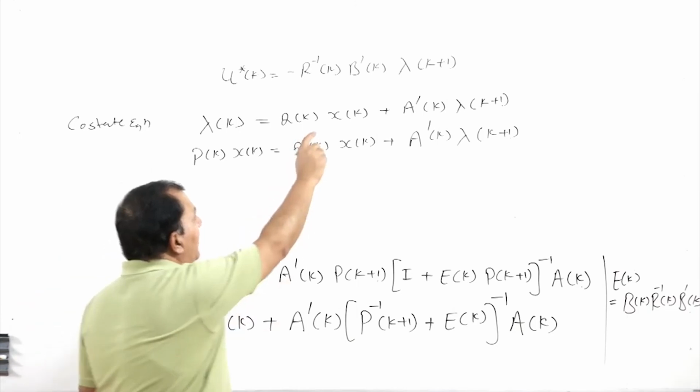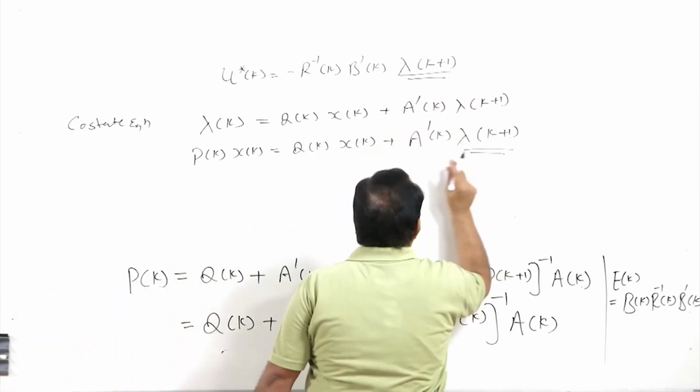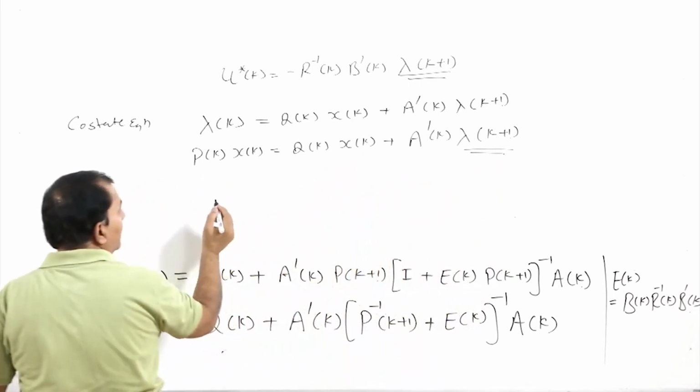So, now I can write this lambda k plus 1 in terms of xk.